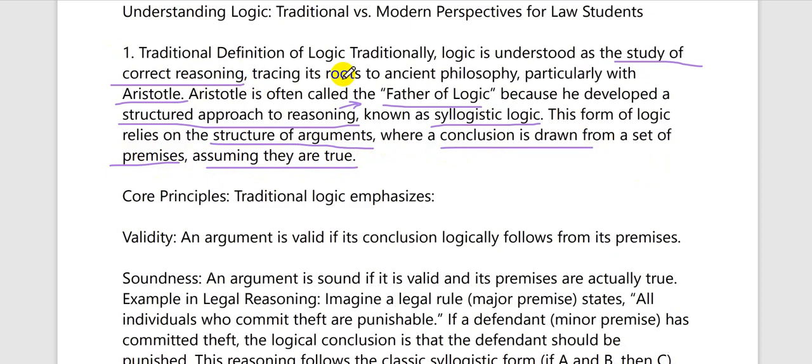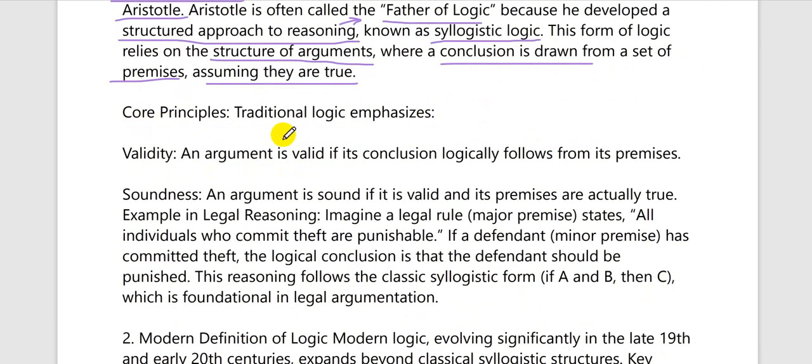The traditional definition of logic was also based on syllogistic logic, and this traditional logic was developed based on a structured approach to reasoning. So basically it relies on the structure of the arguments, where a conclusion is drawn from a set of premises, assuming they are true.